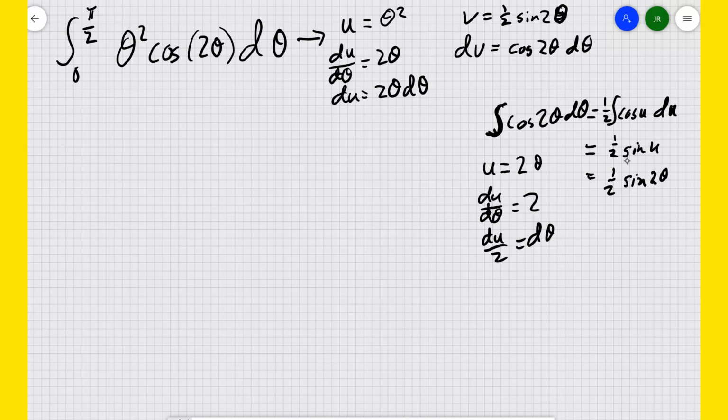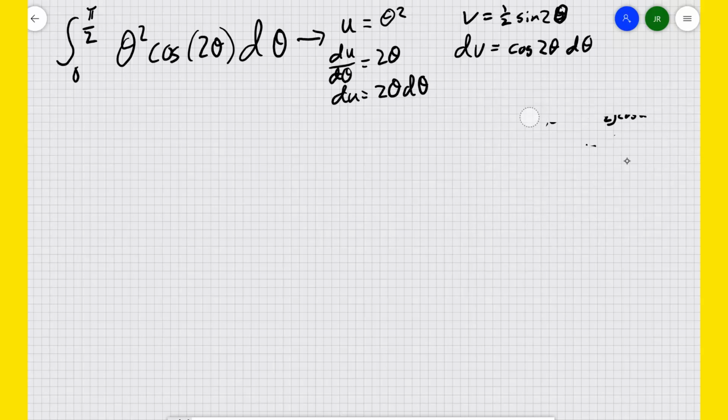I'm going to go ahead and erase all this that I just did, just because I'm going to need room and an orderly way to do this. So I'm also going to erase this because that's not necessary. Du equals 2 theta d theta. Okay, I'm going to have to keep myself very organized on this problem because it involves a lot.